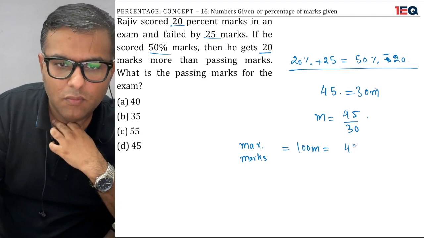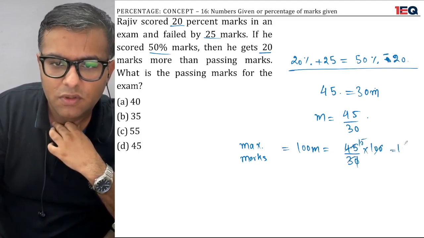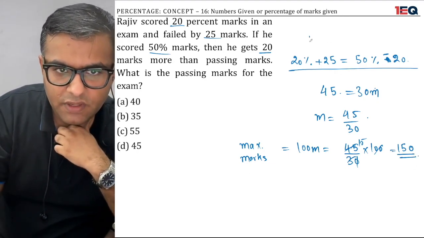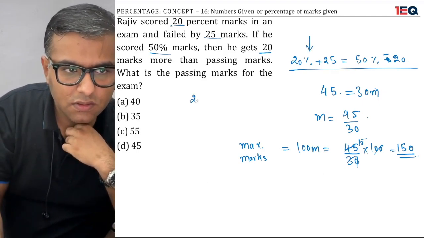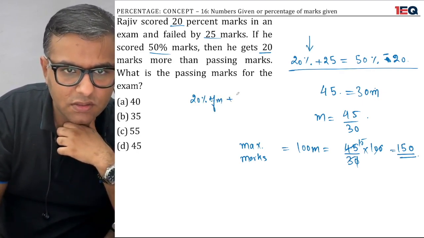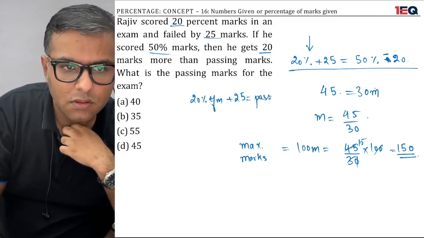Okay, 45 upon 30 into 100 is 0.15 into 100, which comes out to be 150 marks. Now 150 marks are the maximum marks. We can plug in the value over here in the first equation. The first equation says 20% of m, or the maximum marks, plus 25 is equal to the pass marks.